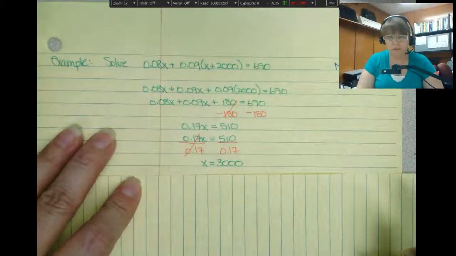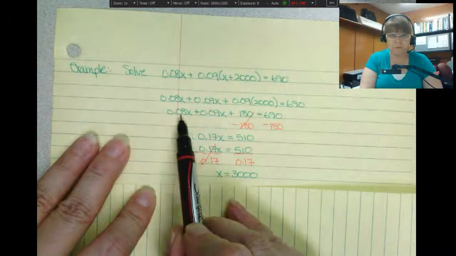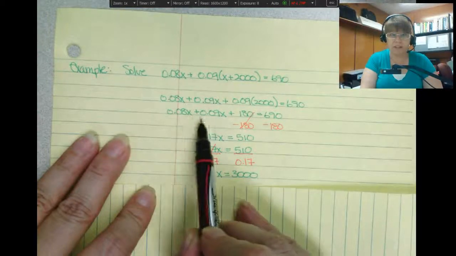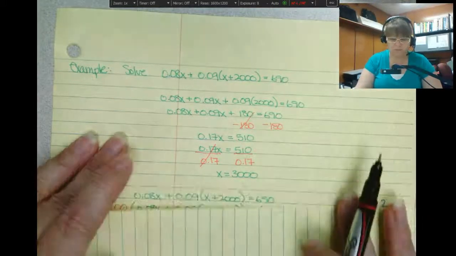Sometimes working with decimals isn't very fun, so we have another method. We can eliminate the decimals by multiplying. In this case, I need to get the decimal amount over 100. So if I multiply everything by 100, I should eliminate the decimals.